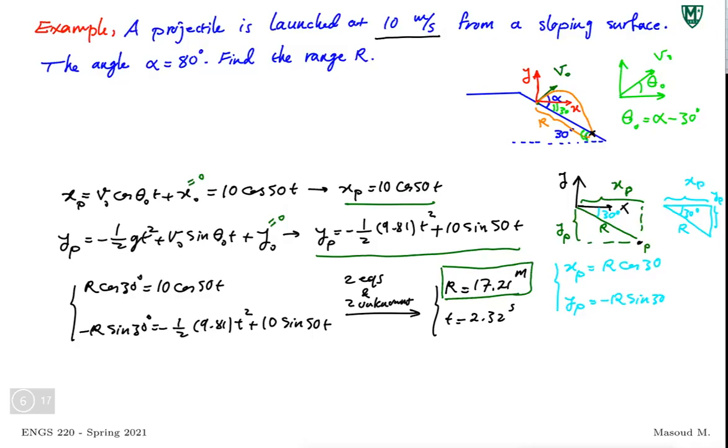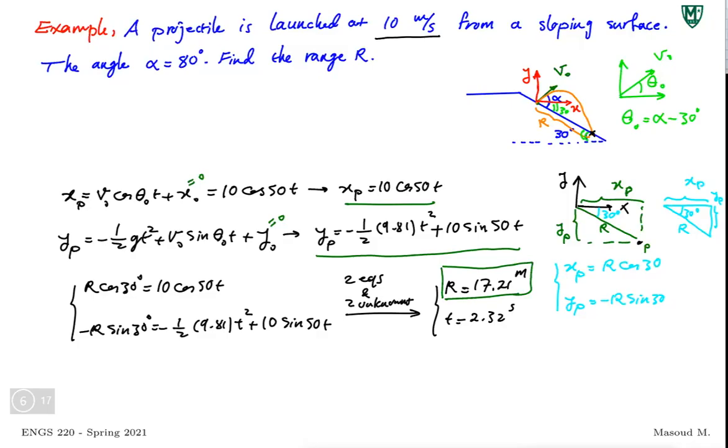So I want to start talking about the second way of dealing with motions on curvilinear path. Using Cartesian coordinates to solve these problems, we define our coordinate system in a fixed spot, right? We put it somewhere and then we track the motion.